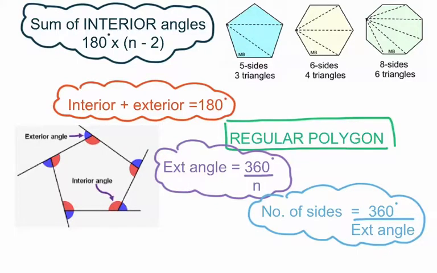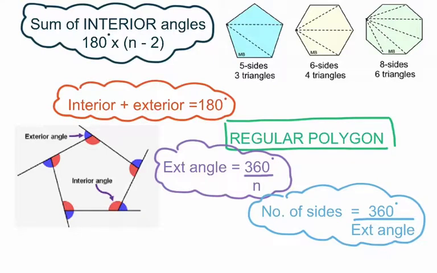So the first one, obviously, we look at being able to find the sum of interior angles in a polygon. Now, the way in which we do that is by splitting the polygon up into triangles. We know the sum of angles in a triangle is 180 degrees, and we use that fact to find the interior angles of other polygons.